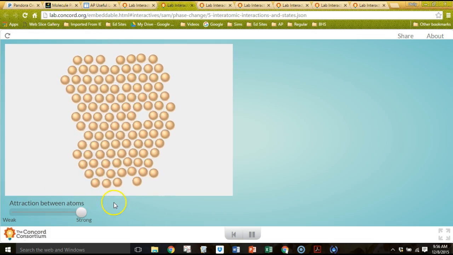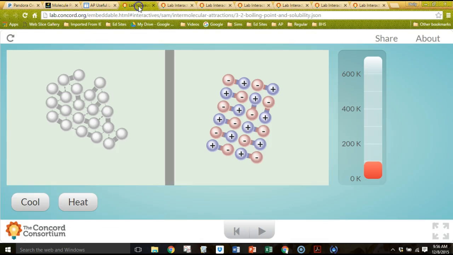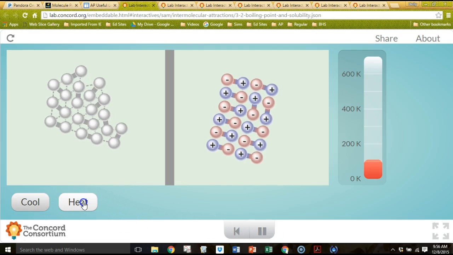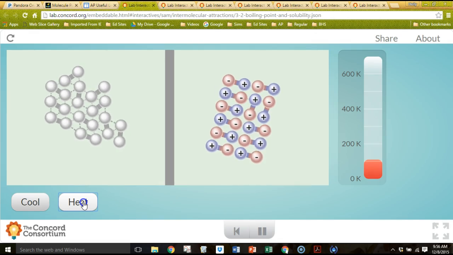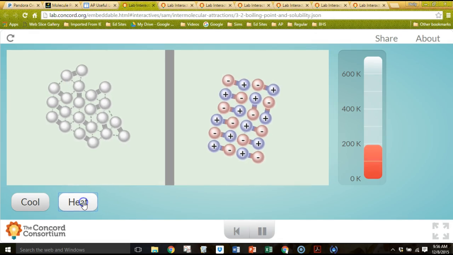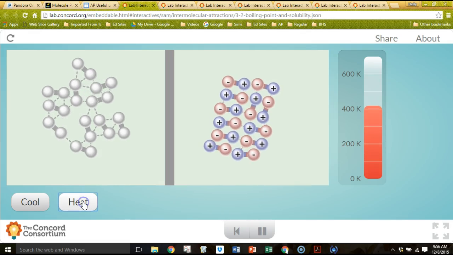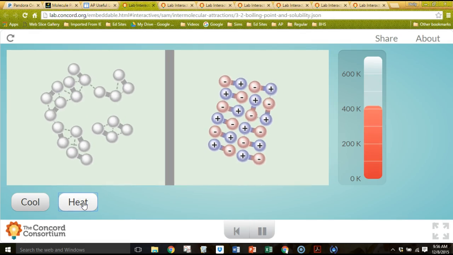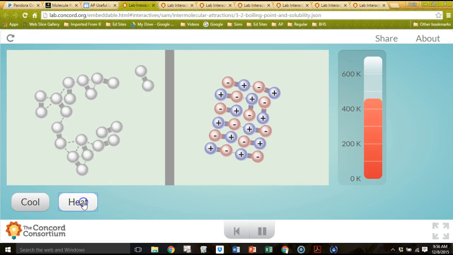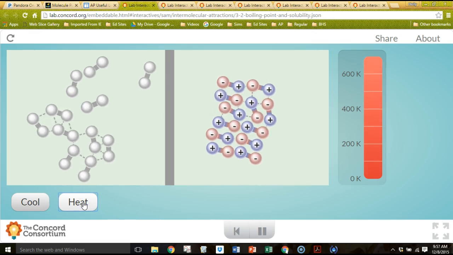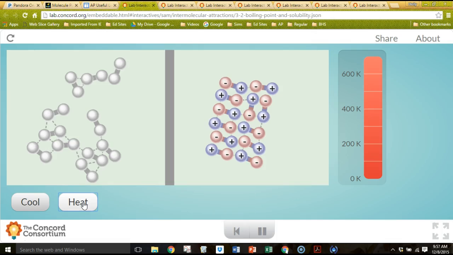All right, so that is some of your findings from the simulation. Again, we can see the same trend showing the polar and nonpolar molecules as we heat this up. And notice the nonpolar break apart first, because once they have enough kinetic energy to overcome those weaker attractions, they come apart.